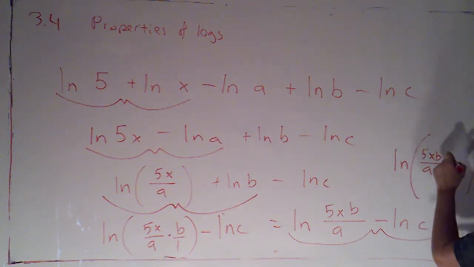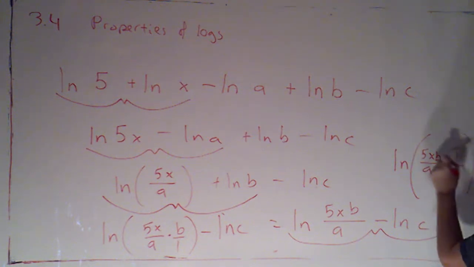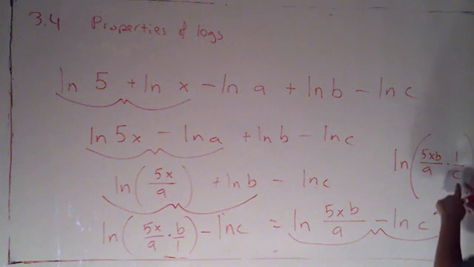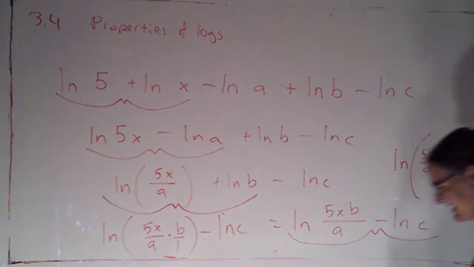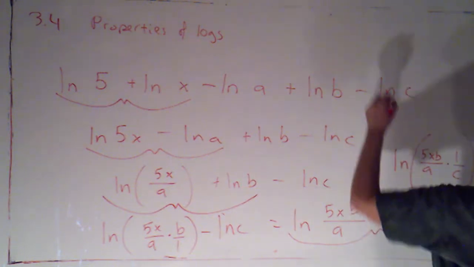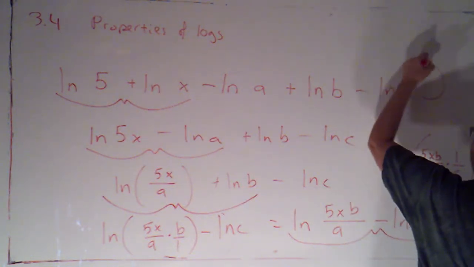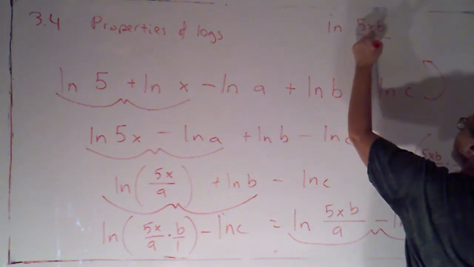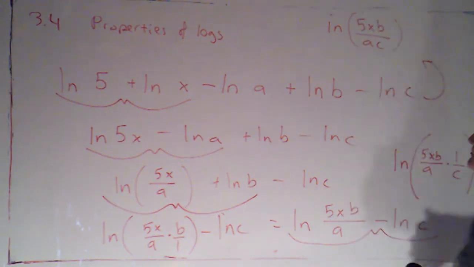But dividing by c is the same as multiplying by 1 over c. And so that's just going to put that c in the denominator. Okay. So let me just write my final answer up here. That's going to be the natural log of 5xb over a times c.